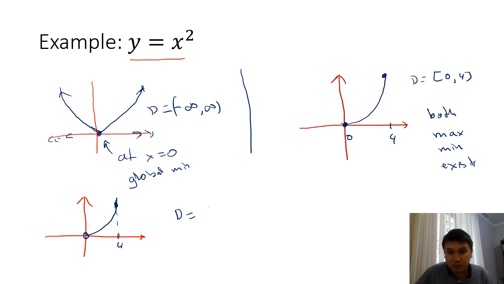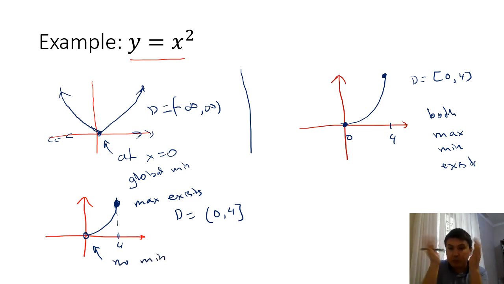So my D could be a half open, half closed interval. Then the maximum exists, however, there is no minimum, because 0 is not included. Within my domain, I cannot reach the minimum.